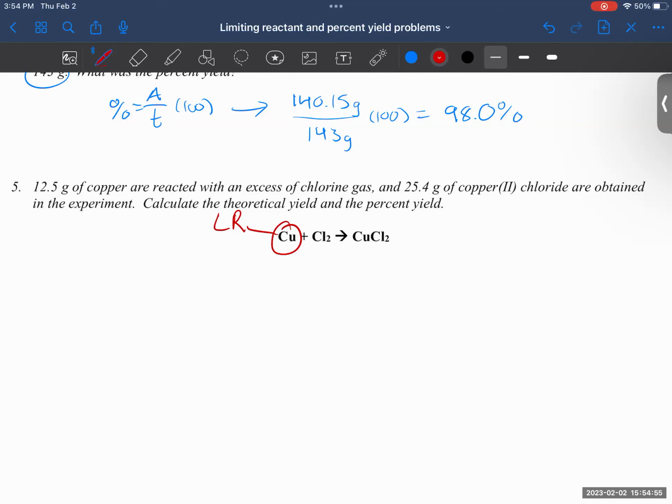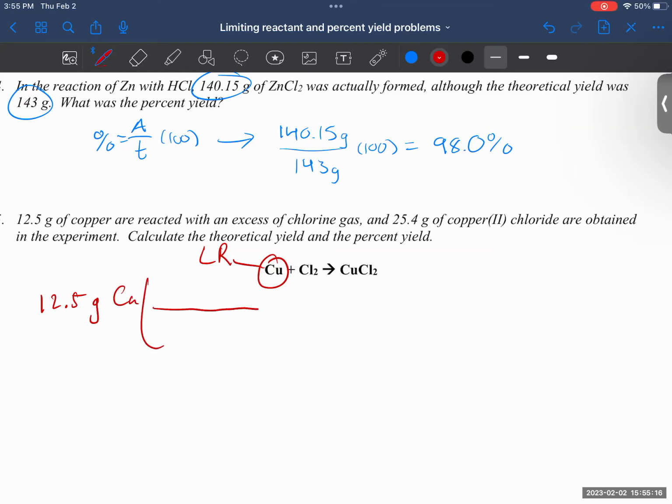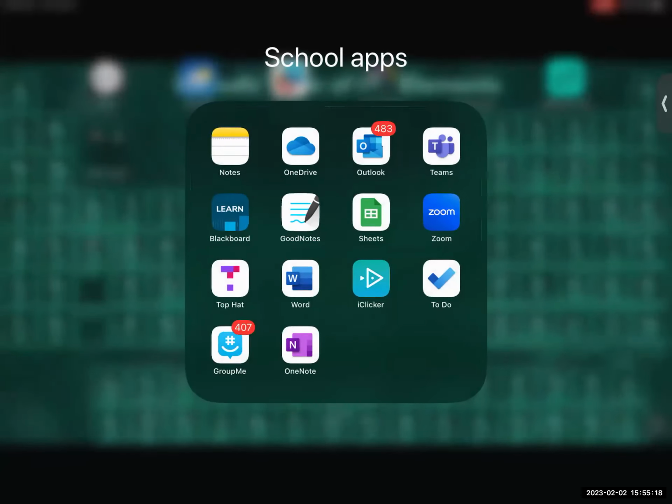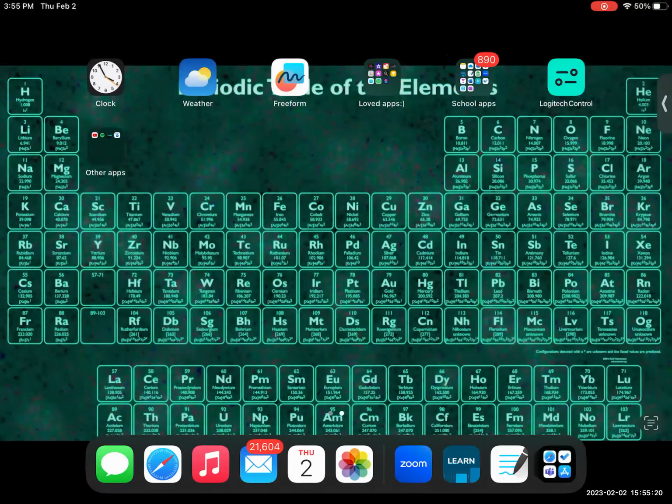12.5 grams of copper are reacted with an excess of chlorine gas. As we've discussed before, copper is already our limiting reagent, so that saves us some trouble. So 12.5 grams of copper, and the molar mass is 63.546 grams for every 1 mole.